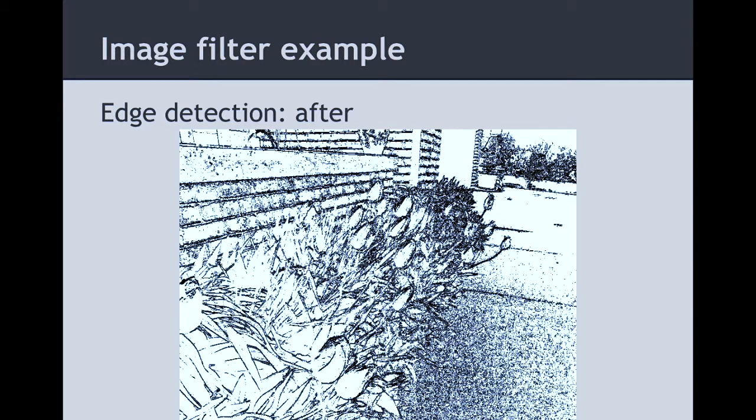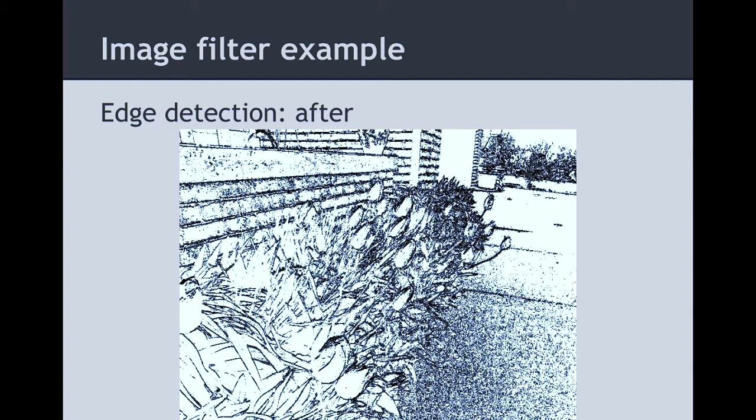So what's happening is we're going through the image looking for the places where the color changes significantly between two pixels, and that will indicate an edge, which will then be marked as black. When the color is within some threshold of being the same, then we'll set the new pixel to white.